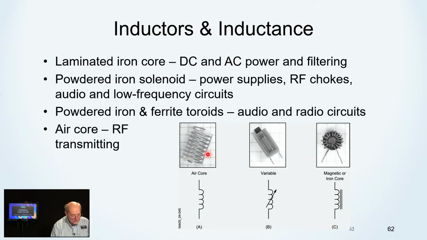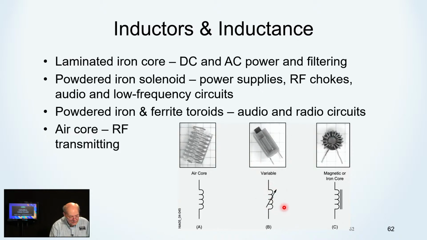Here's a couple of pictures, different kinds of inductors. Here's an air-wound inductor. It's got little pieces of plastic, and you can see how it's wound around that, or formed around it. Here's an inductor that has a slug in it. It's a ferrite slug, meaning it's got iron powder in it, or ceramic and iron, and as you move that in and out of the coil, it changes the inductance.